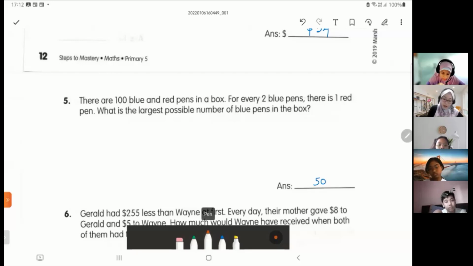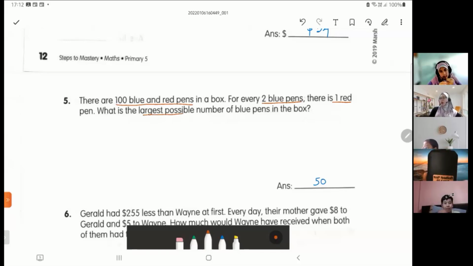There are 100 blue and red pens in a box. When they say like that, it means there is a total of 100 blue and red pens in the box. For every 2 blue pens, there is 1 red pen. What is the largest possible number of red pens? Okay, I told you before last week.